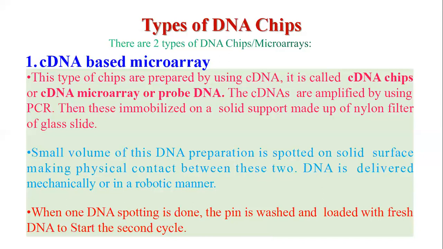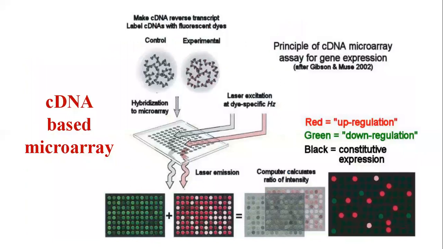DNA is delivered mechanically or in a robotic manner if numerous samples are there. Manually it's not possible, so you have to go with a robotic manner. When one DNA spotting is done, the pin is washed and loaded with fresh DNA to start the second cycle and to reduce contamination.